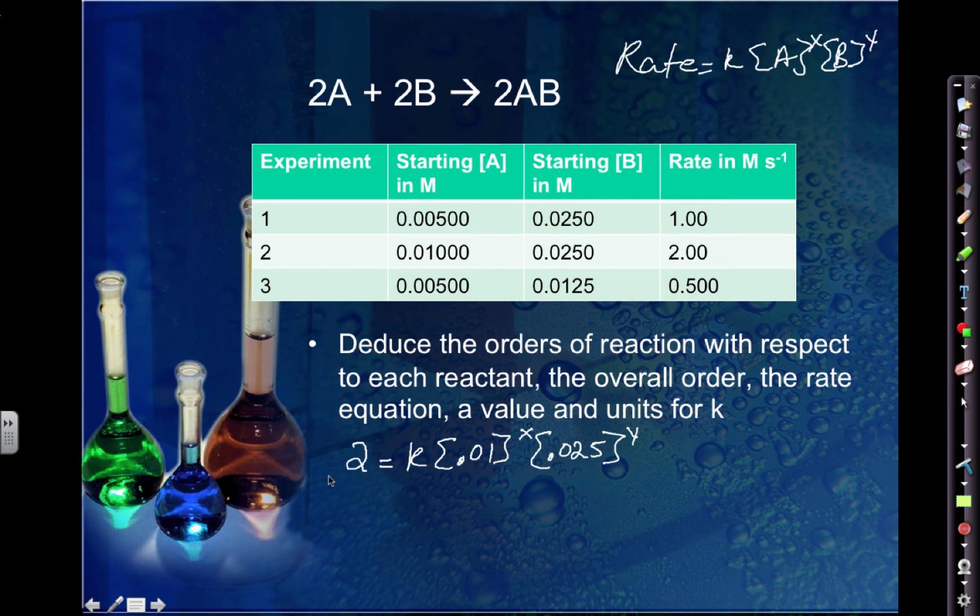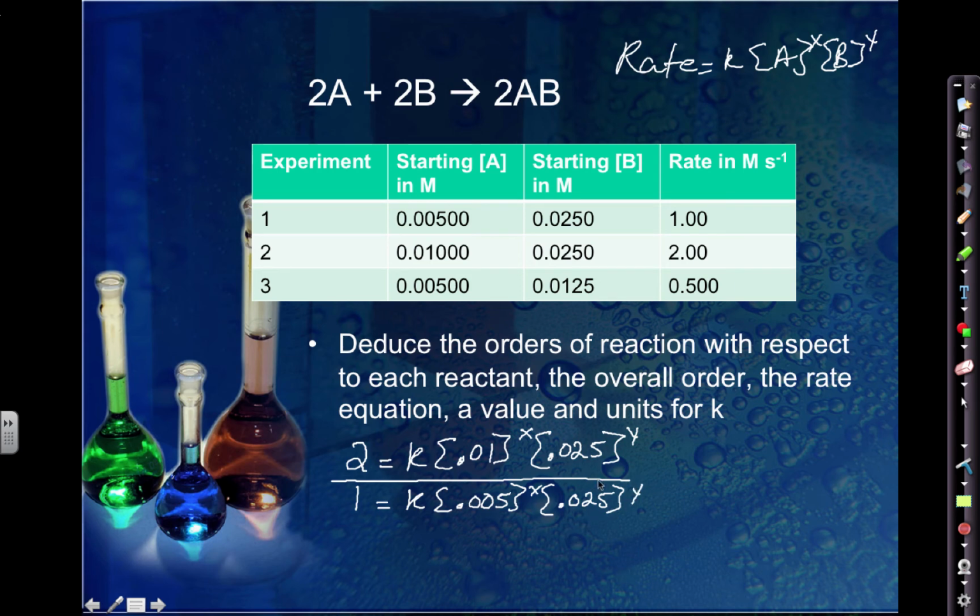And then I'm going to divide this by experiment 1. So the rate in experiment 1 is 1. K, I don't know. Concentration of A, in this case, is 0.005. I don't know what X is. And Y is 0.025.